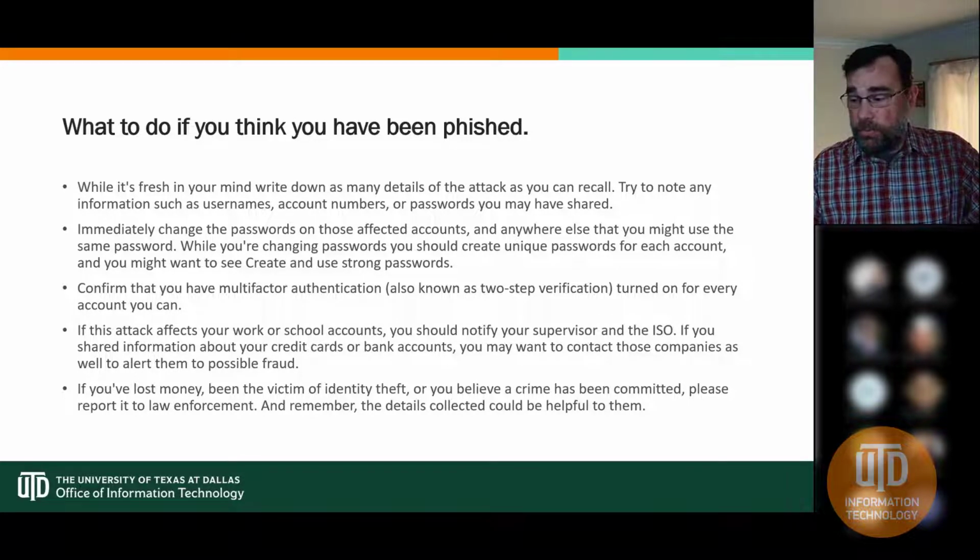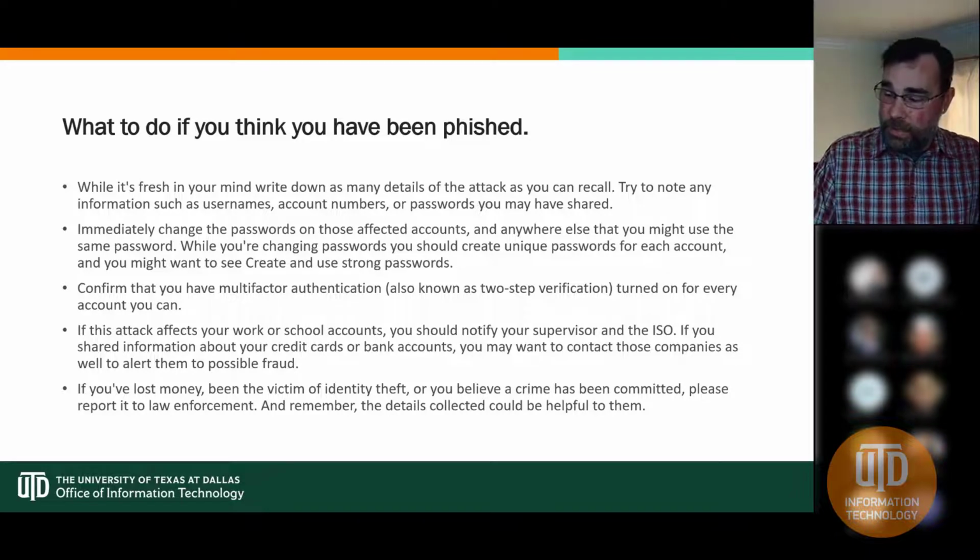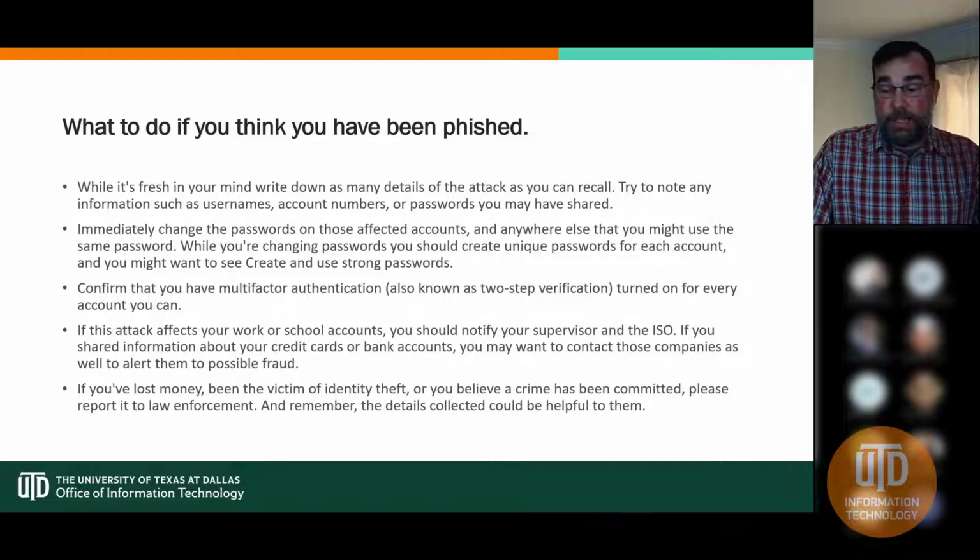A lot of times people, even on their university equipment, will access personal accounts, Facebook, bank information, things like that. It's important to make sure that those account passwords are also updated as quickly as you can, just to make sure you don't lose any of your personal information as well as any UTD information.